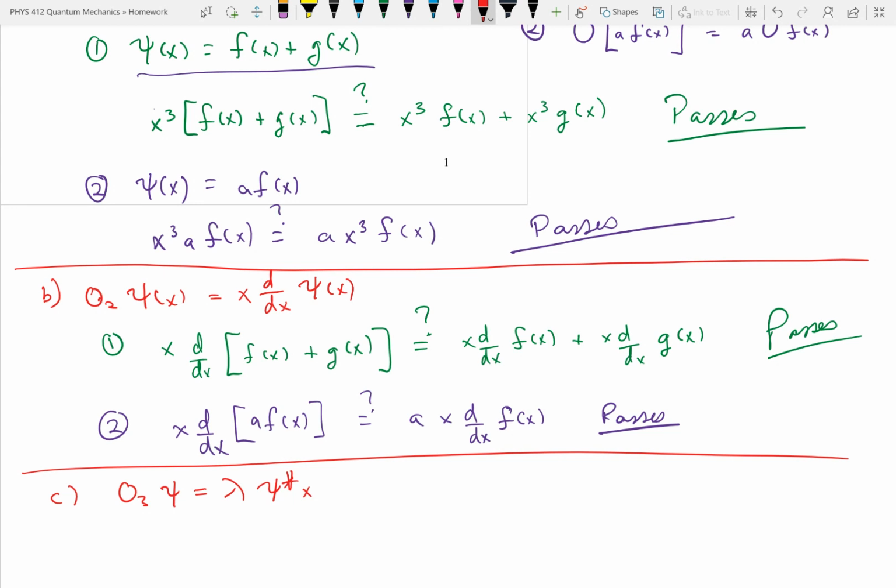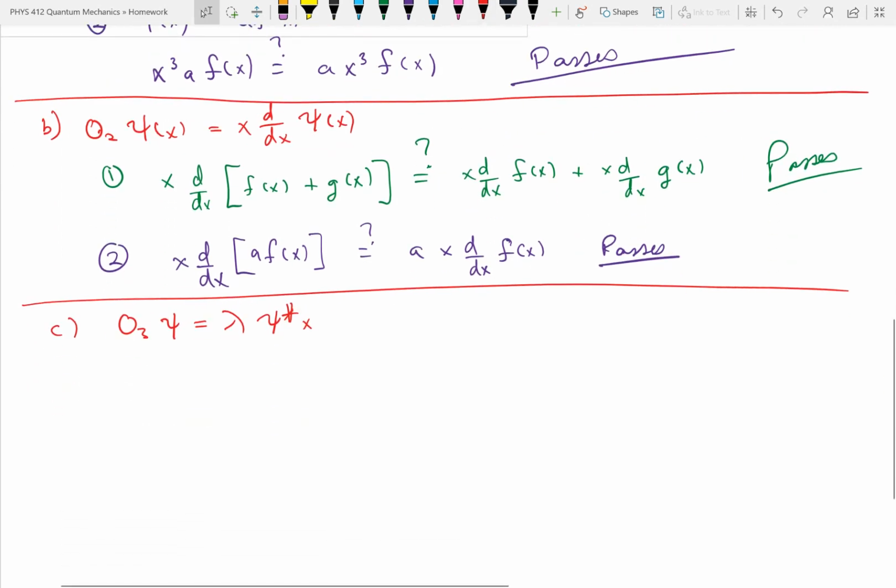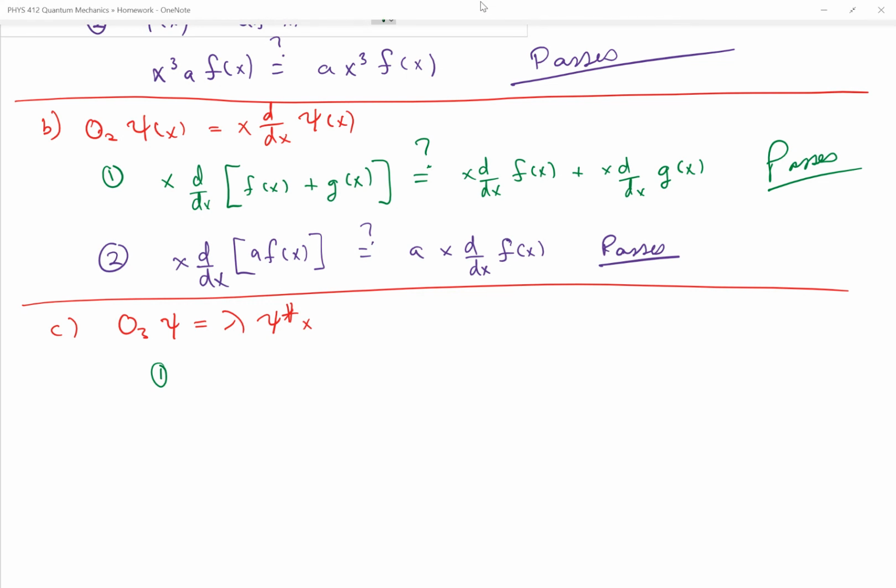So for our first test, we'll have, for the first one, since we're dealing with the conjugate, would we still put the conjugate on the other side?